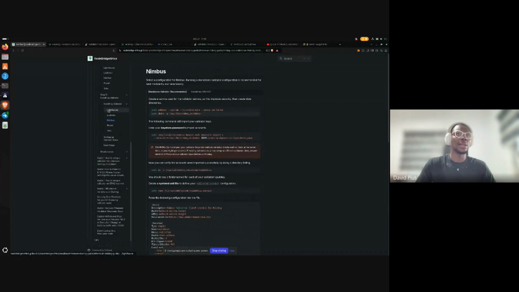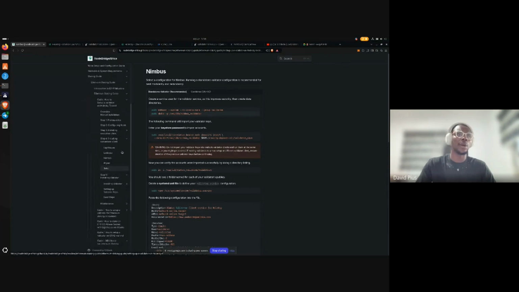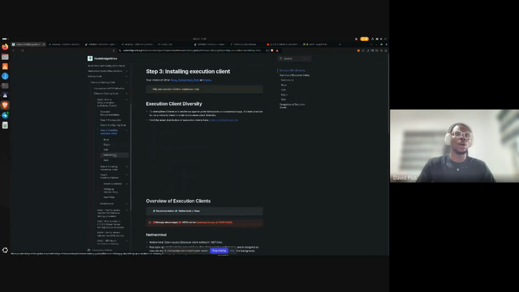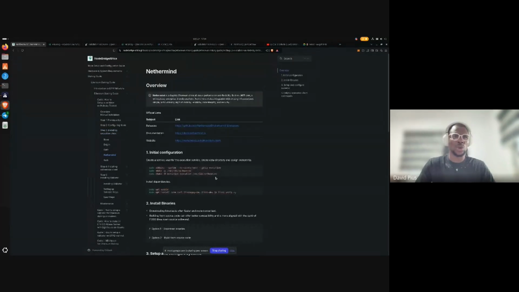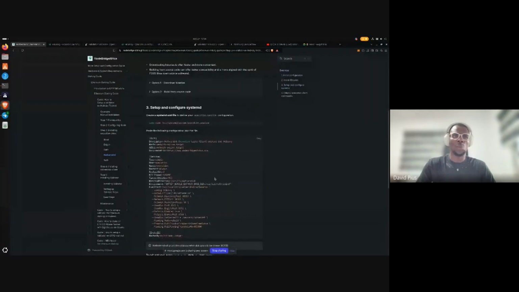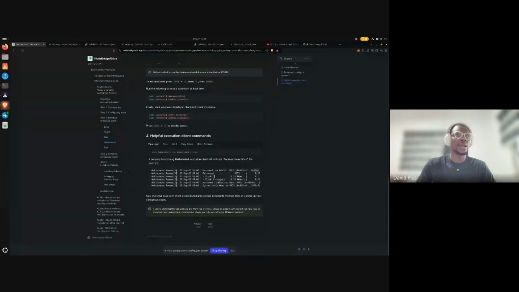You just follow these commands, and you're able to set this up. You follow this documentation, and you are able to set up your execution client.